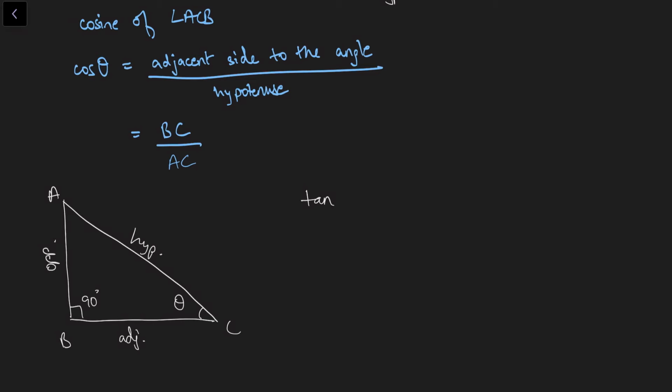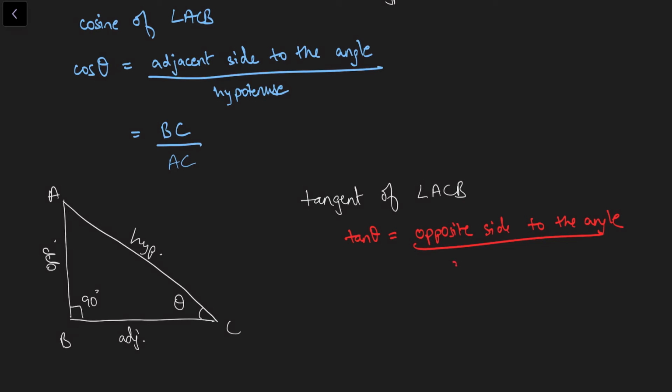So the tangent of angle ACB, in short we write it as tan theta, is equal to the opposite side to the angle divided by the adjacent side to the angle.